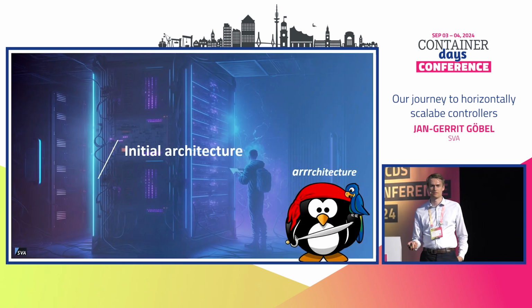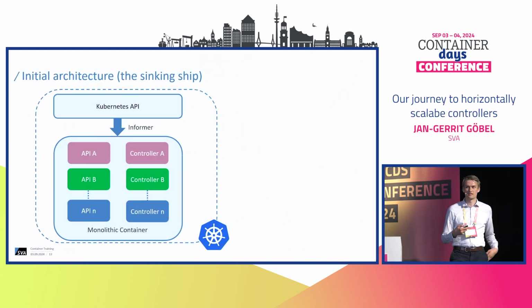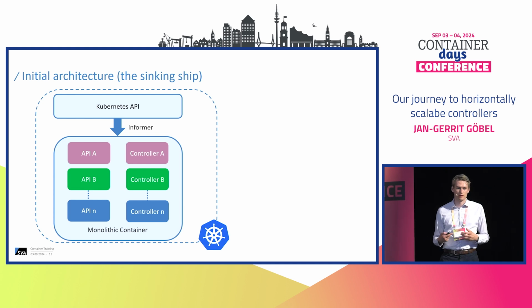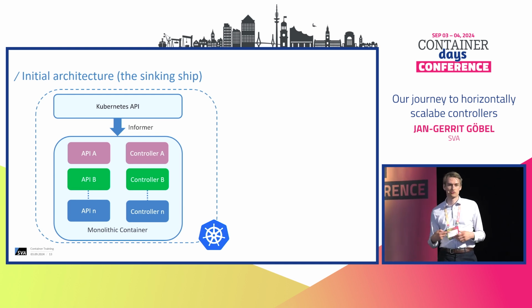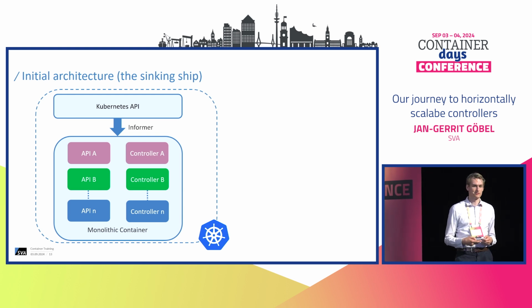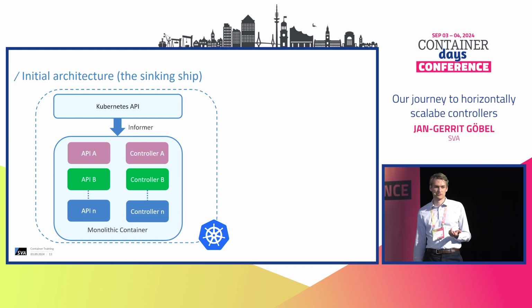So why is this? The initial architecture of HobbyFarm was basically one pod running inside a Kubernetes cluster that used CRDs and controllers that control these CRDs. Whenever a virtual machine is created, we create another resource in the cluster, and a controller then handles all the connections to the cloud, spins up the virtual machine, and deprovisions it at the end.